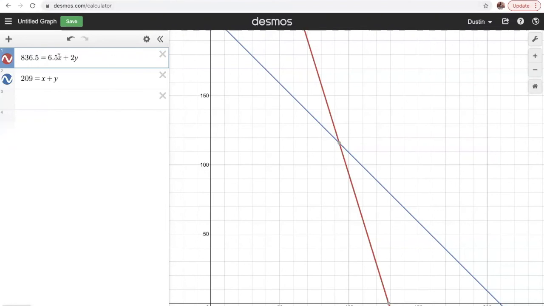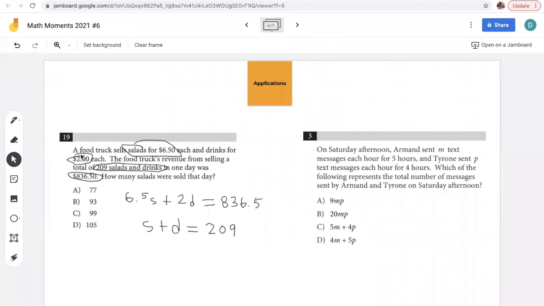That's what I used for X. This program likes X and Y, so that's why I used that. And then the drinks were the Y. So when we see this coordinate, we know that X is equal to 93, because it corresponds with the X-axis. That's how far right we moved. So 93 is going to be how many salads we sold. And that was the question. So we know that the answer is B.